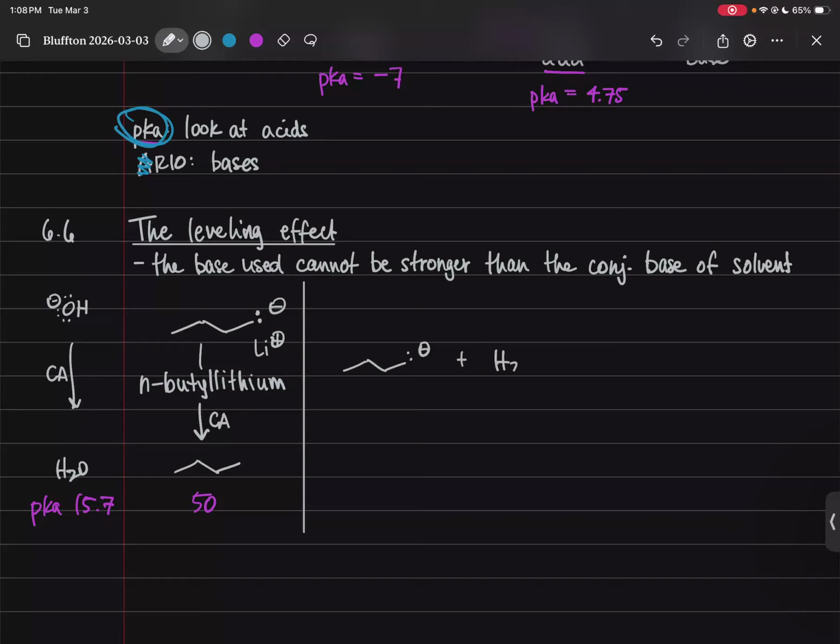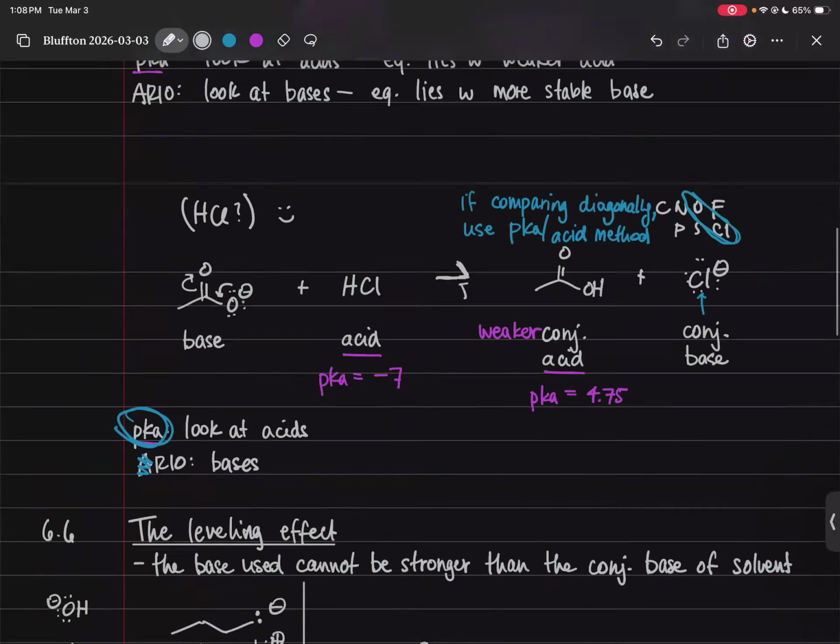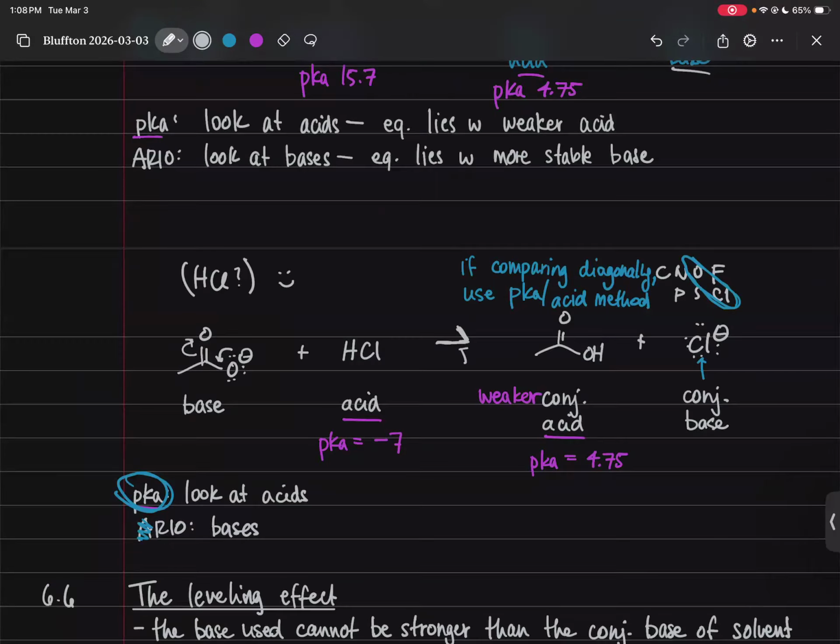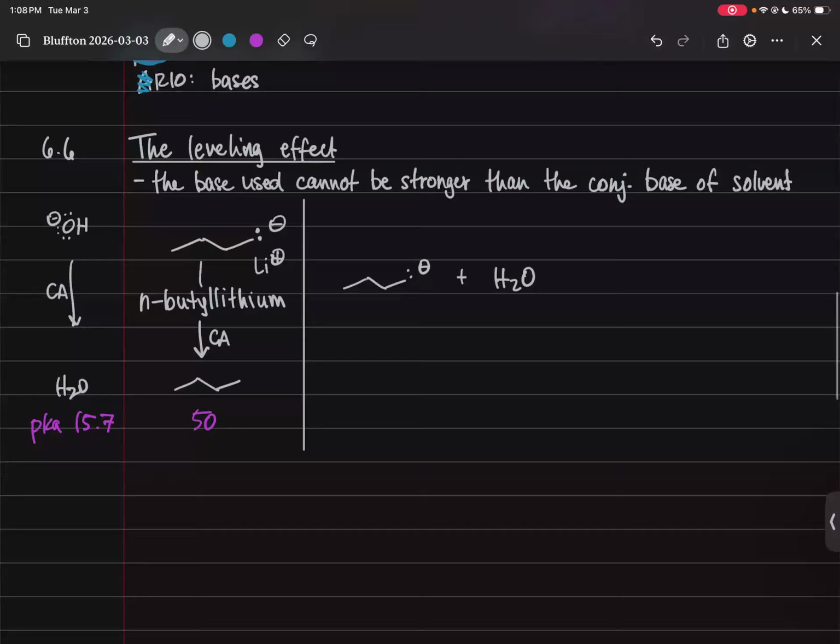So we put our butyllithium in water, and this is going to be just like the kind of thing up here, where we need to compare, and essentially we need to make sure that water is not a strong enough acid to protonate the base.